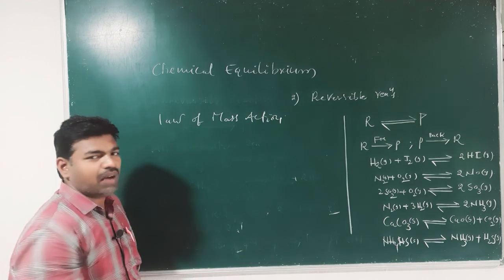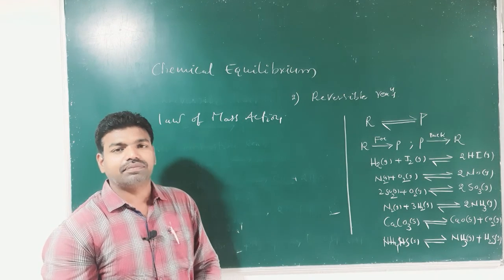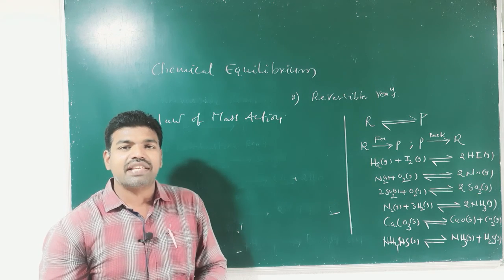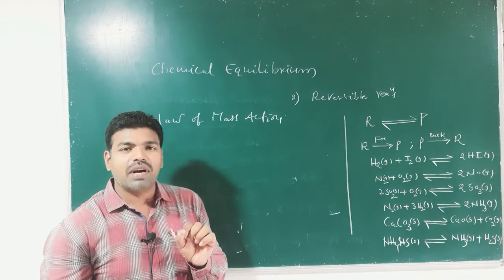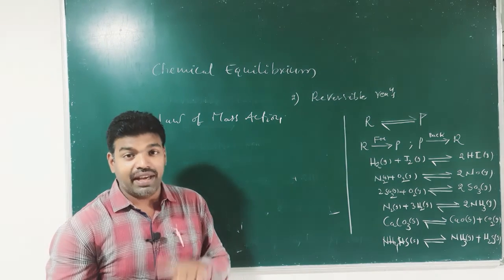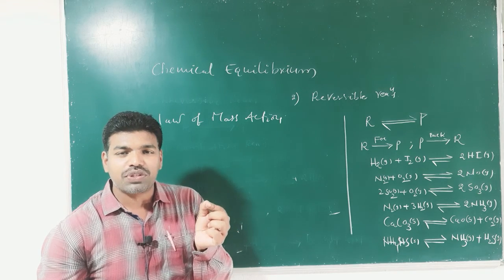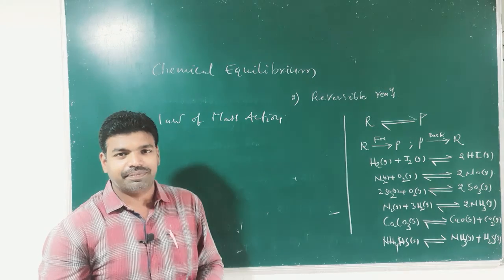What is the law of mass action? The law of mass action says that the rate of a chemical reaction is directly proportional to the product of active masses of reactants. I repeat, the rate of a chemical reaction is directly proportional to the product of active masses of reactants.